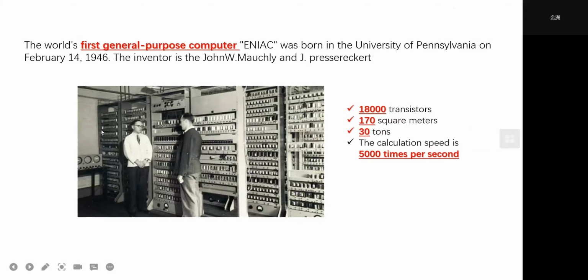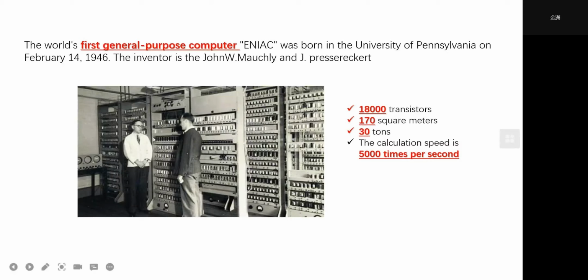And we can see from the figure it is a very huge computer, but in fact it just has 8,000 transistors, but it weighs 30 tons, and it needs 170 square meters for its body, and the calculation speed is 5,000 times per second.